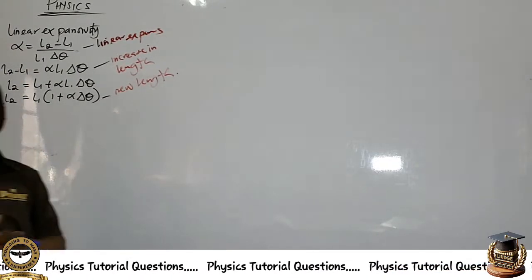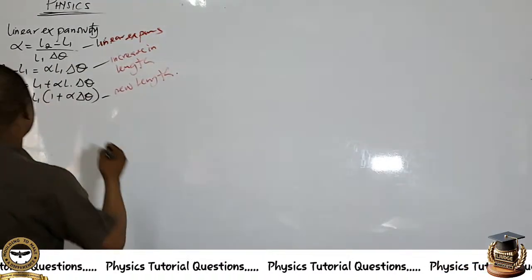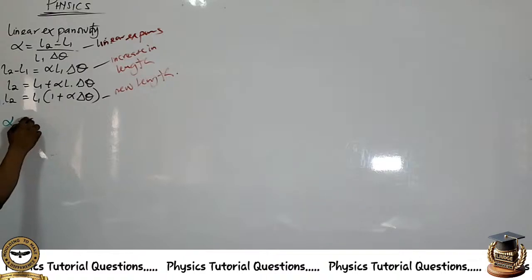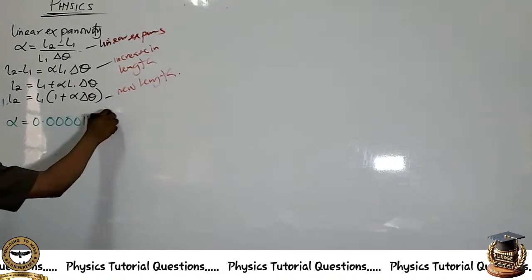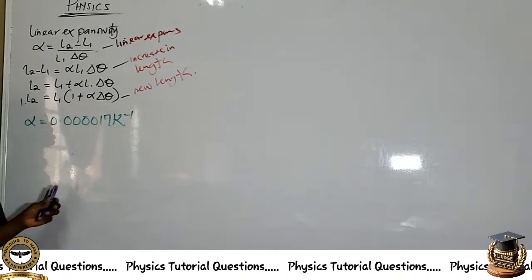A question can come like this: what is meant by the linear expansivity of copper? The linear expansivity of copper is 0.00017 per Kelvin. Remember that per Kelvin is the SI unit of linear expansivity.